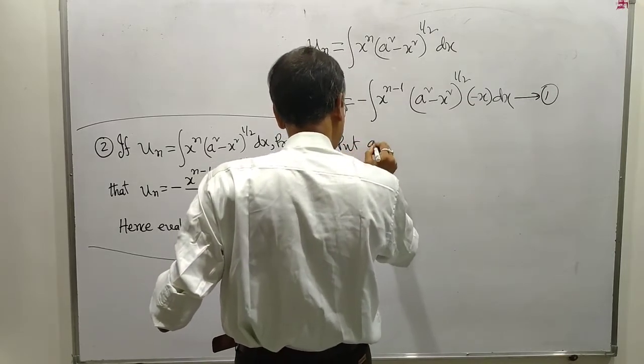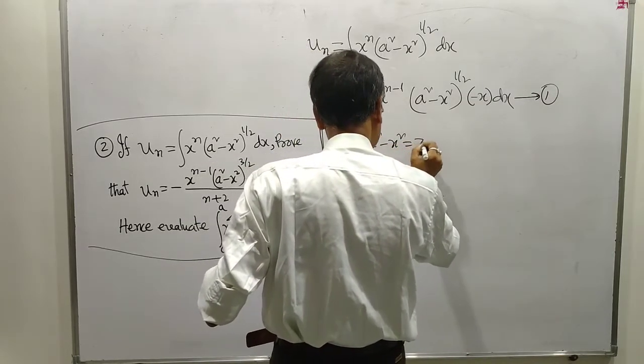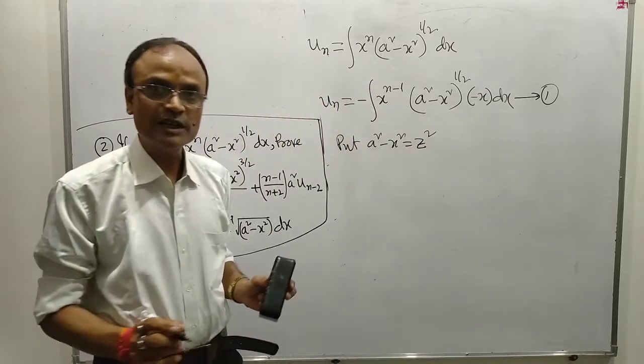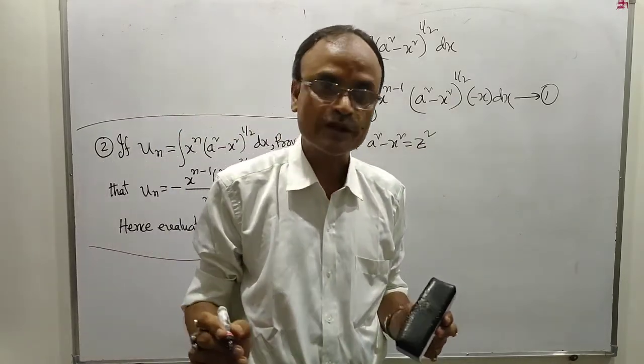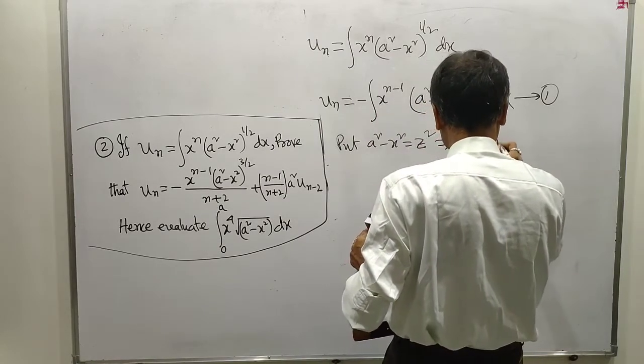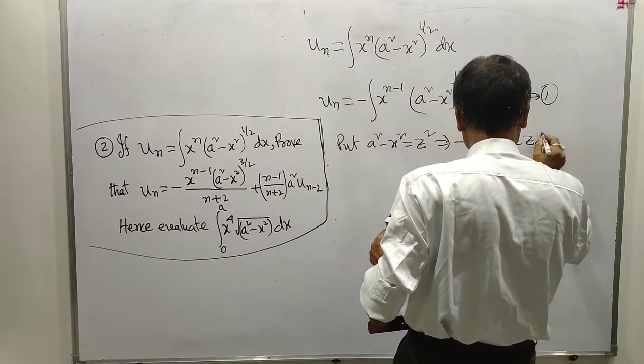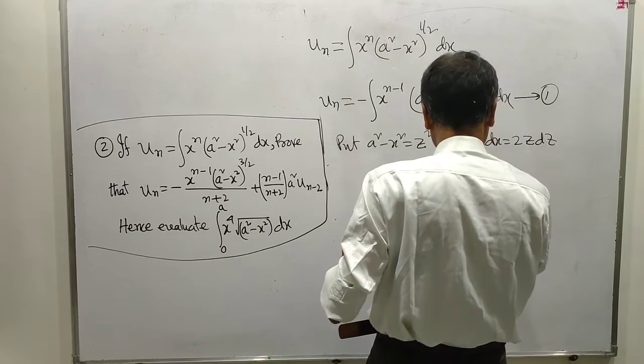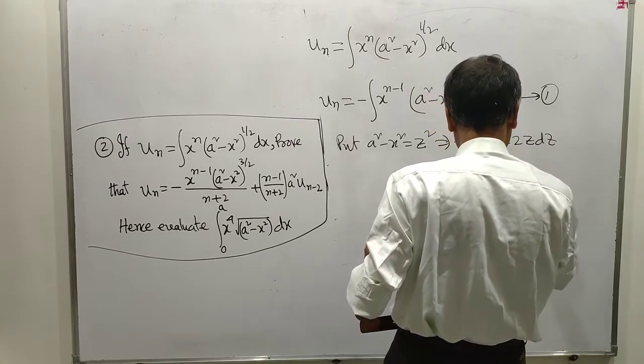Put a square minus x square equal to z square. This means minus twice x dx equal to twice z dz. This means minus x dx equal to z dz.